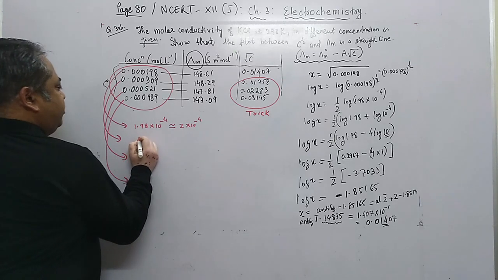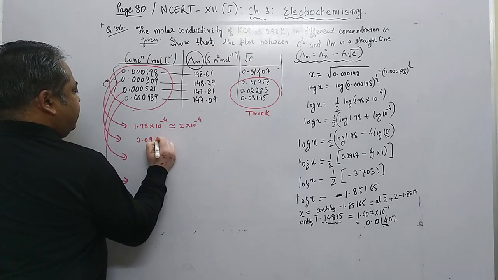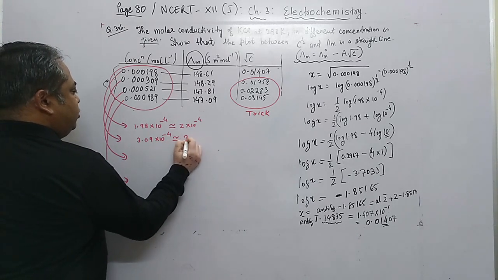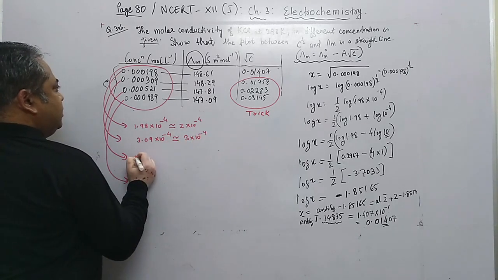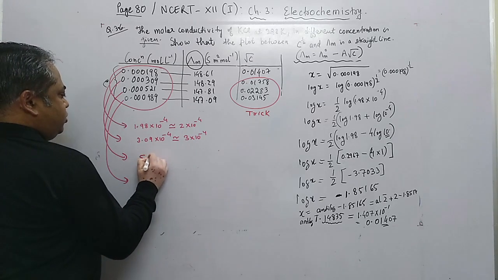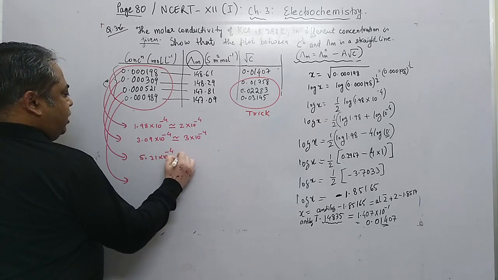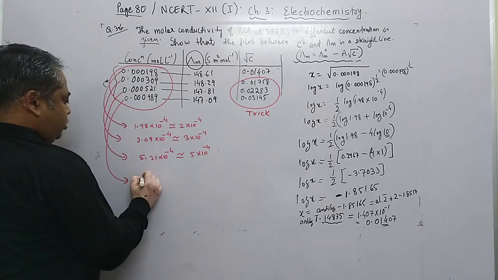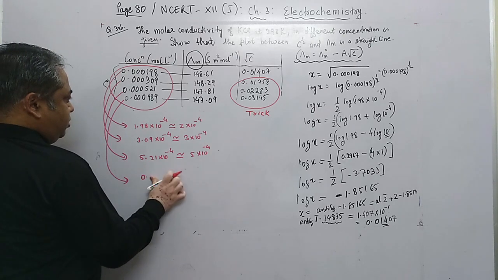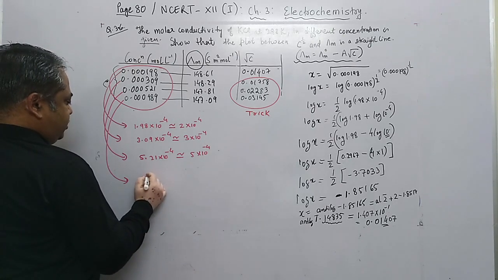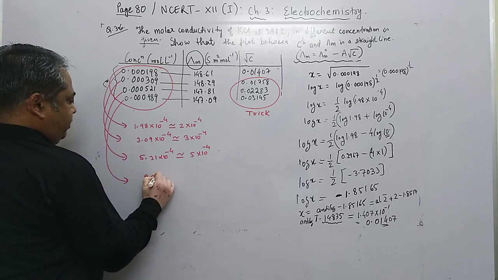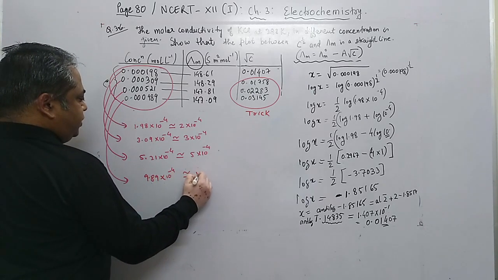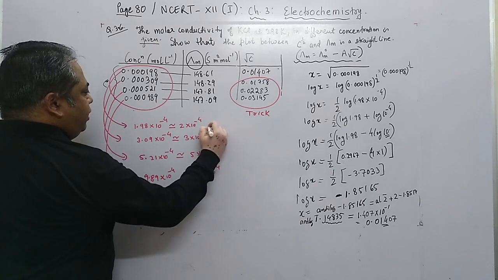Similarly, this value becomes 3.09 into 10 to the power minus 4, approximately 3 into 10 to the power minus 4. This is 5.21 into 10 to the power minus 4, approximately 5 into 10 to the power minus 4, and this becomes 9.89 into 10 to the power minus 4, approximately 10 into 10 to the power minus 4.